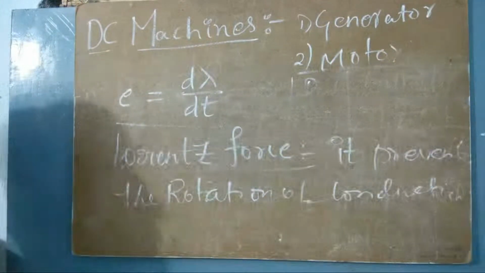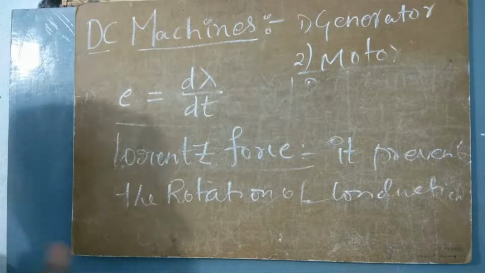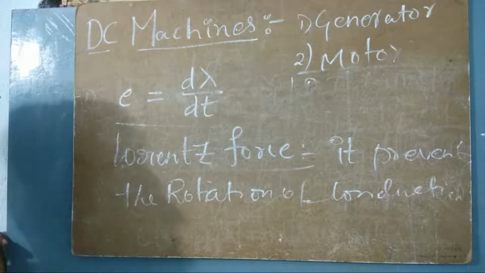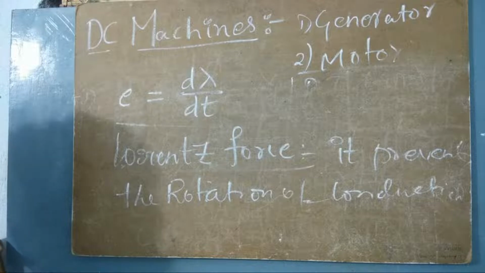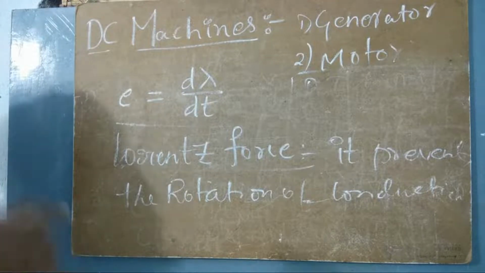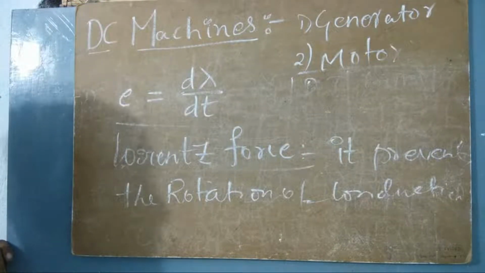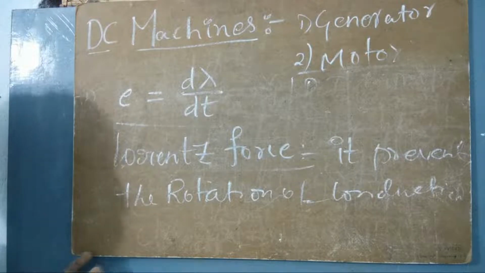It prevents it like that even when the supply is not provided. When the supply is provided, obviously the motor rotates. But what happens when the supply is not provided? Even then, the magnetic field will apply some opposite force which will not allow the rotor to move easily. Obviously, the force applied by that magnetic field will be much lesser than the force that we apply on the rotor so that it rotates. But you can feel some resistance that it produces.